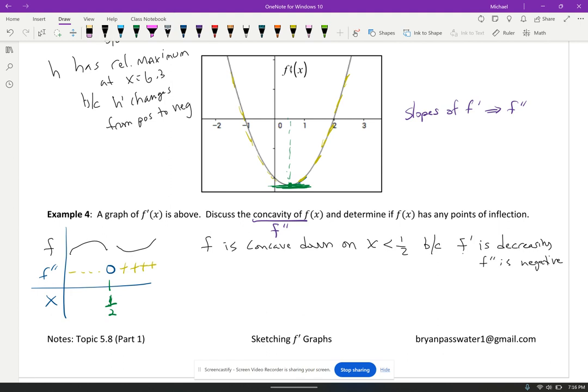That's an arrow. And I can say that f is concave up on x's that are greater than 1/2 because f prime is increasing, meaning the second derivative of f is positive. Okay, so reread those statements, see if they make sense.